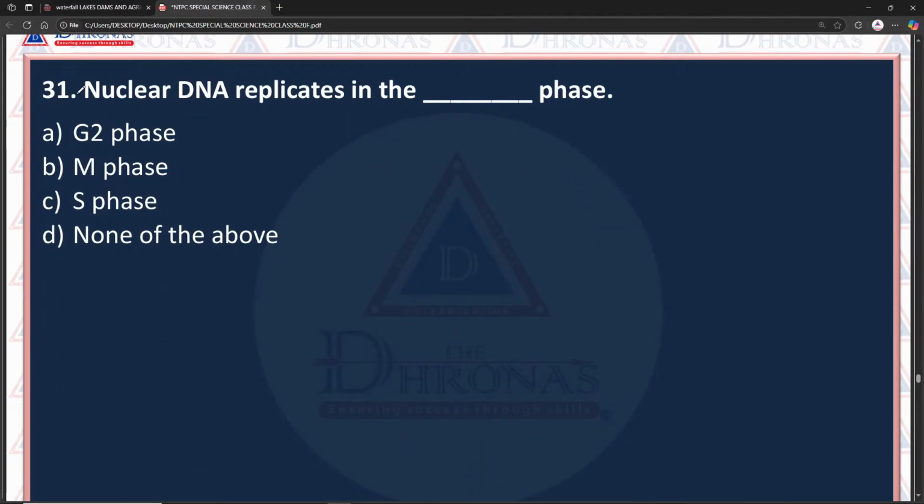Nuclear DNA replicates in the dash phase. This is a question from cell cycle. Options are G2 phase, M phase, S phase, none of the above.